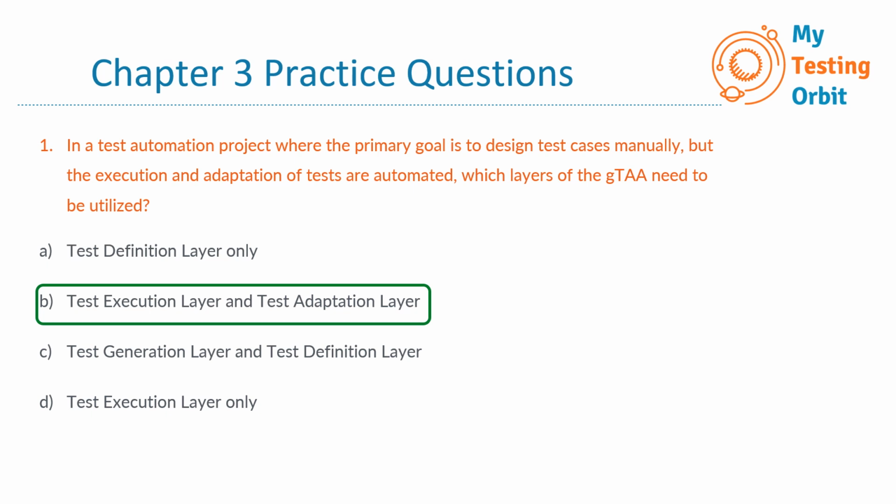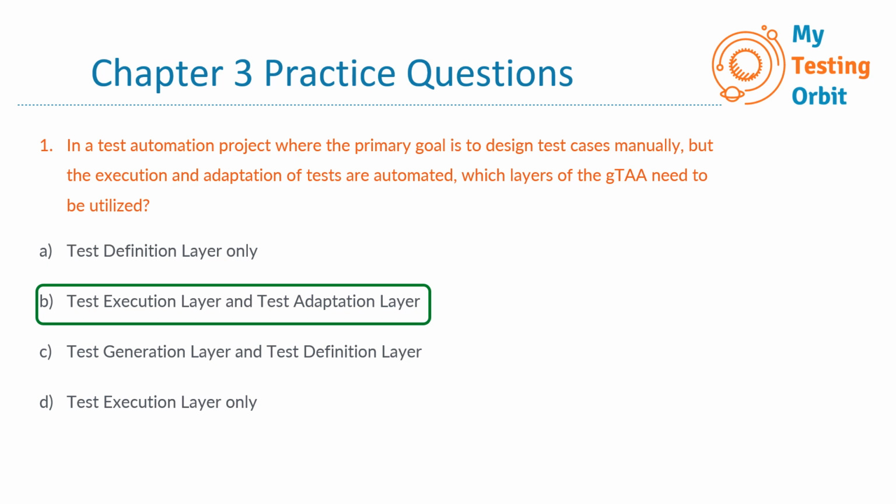Now also let's have a look at the other options as well, and why they are incorrect. Option A is test definition layer only. This option is incorrect because it doesn't address the automation of test execution and adaptation, which are required in this scenario. Then option C, test generation layer and test definition layer.